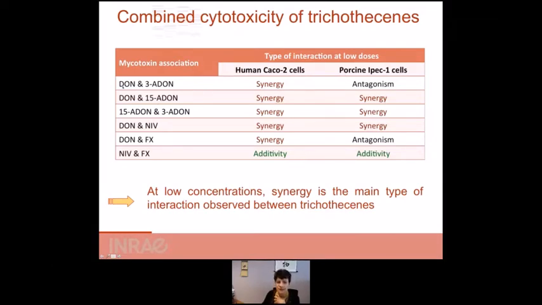Here it was with different trichothecenes: 3-acetyl DON and 15-acetyl DON, nivalenol and fusarenon X. And you see that at low concentration, in the vast majority of cases, the main type of interaction observed is a synergy. So that really indicates that this synergy needs to be taken into account.